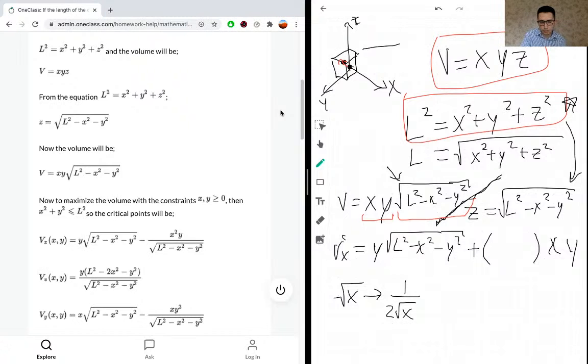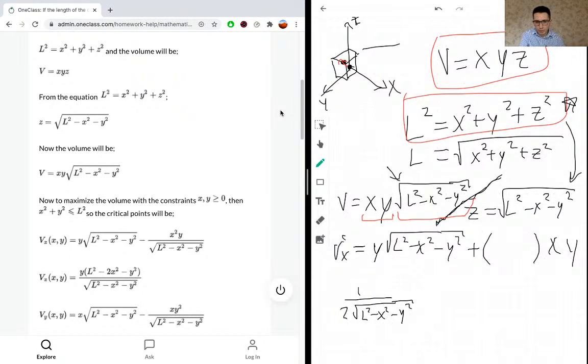This is true for a simple square root of x. This is just something you would have in a derivative table, or you'd have already memorized. So knowing this, the derivative of the outside component, the square root, would be 1 over 2 square root of L squared minus x squared minus y squared.